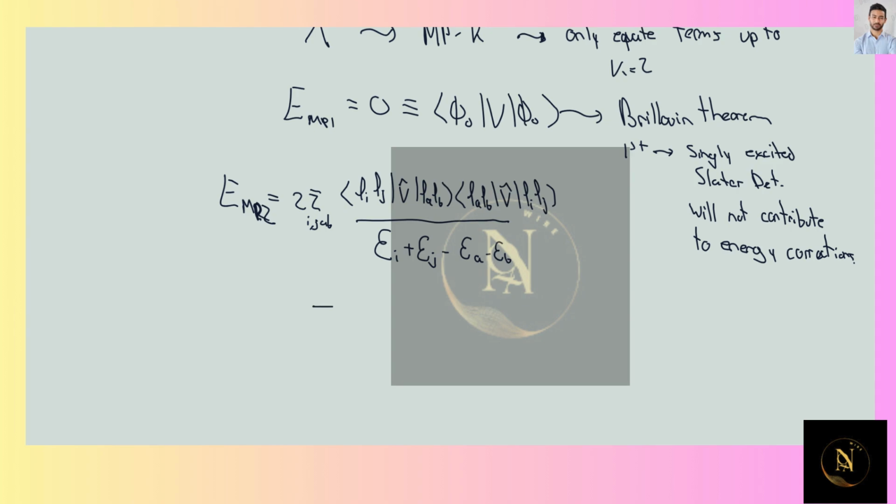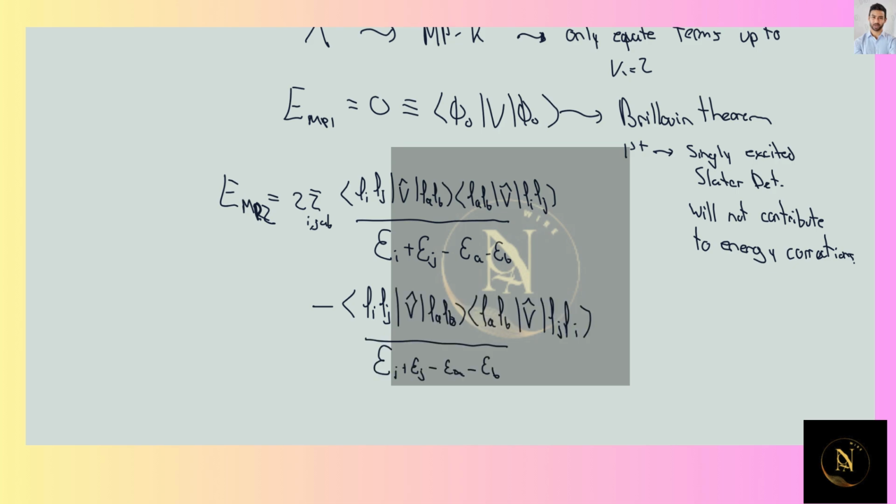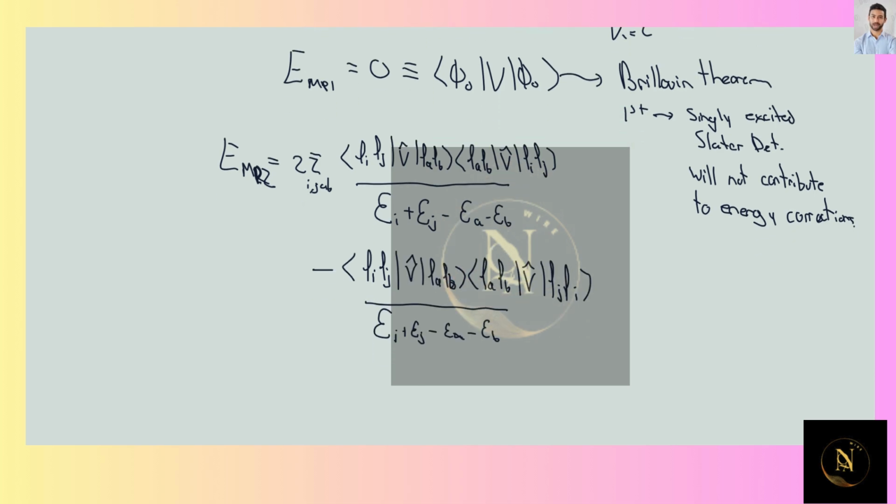So the exchange term is going to be, let me write it down. We're going to get this value for the energy, where the second term is the exchange. In this case, this is the particular formulation for a closed shell. Remember that the phis are going to be canonical orbitals, and indices i and j correspond to occupied, and a and b correspond to virtual orbitals. Okay, so that would be for MP2.